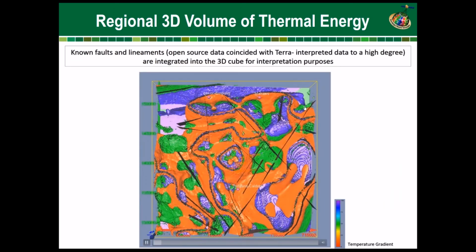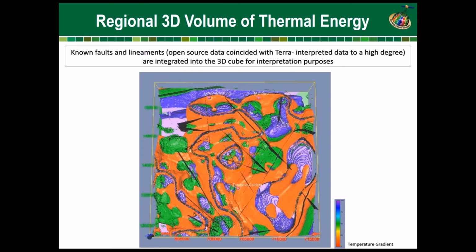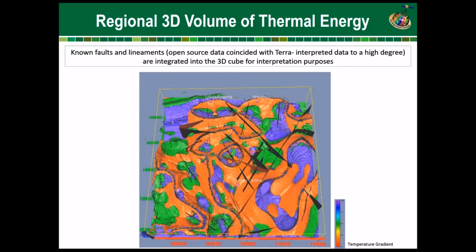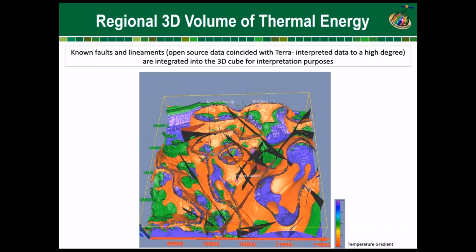We then superimpose known faults and lineaments with our data set, with our regional cube, in order to make certain conclusions, which will be apparent very soon and later in this presentation.